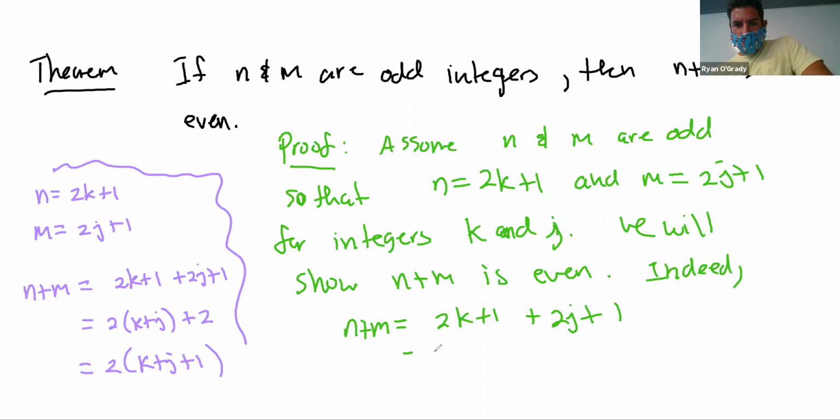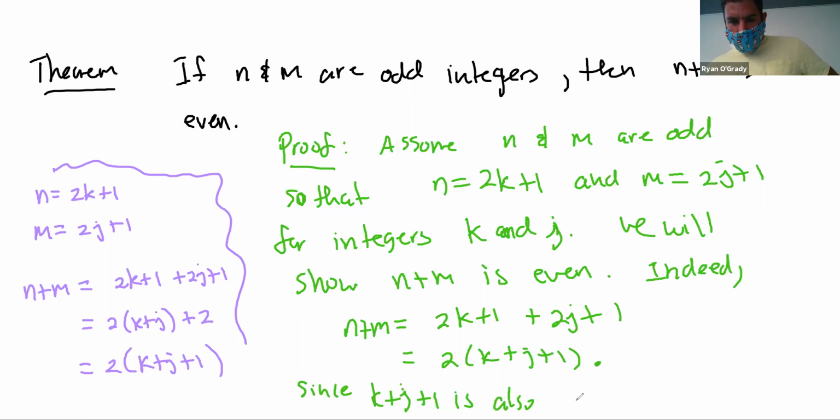And if you factor out the 2 from everybody, this is 2 times k plus j plus 1. And you might even say, instead of calling this a new letter, we can try a different strategy. We could say the following: since k plus j plus 1 is also an integer, the proof is complete.